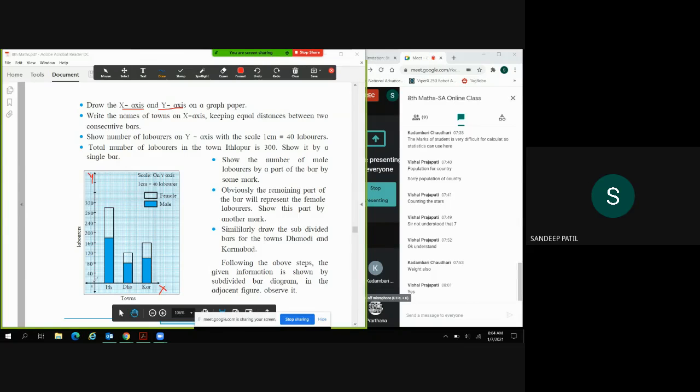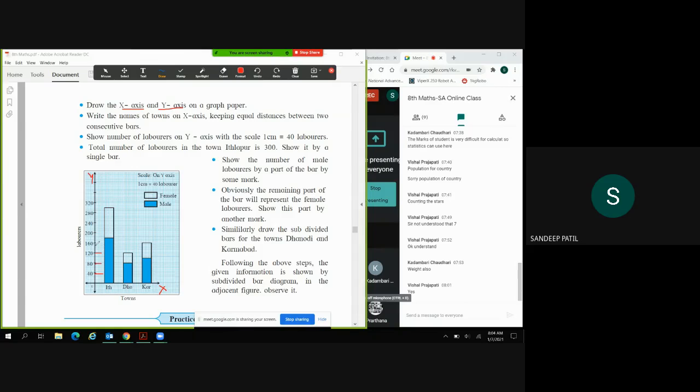Wherever it meets, we term it as 0, right? And we can write down the numbers. We can equally divide like 40, 80, 120, 160. So on the graph, there are some lines, like for 1 centimeter, right?